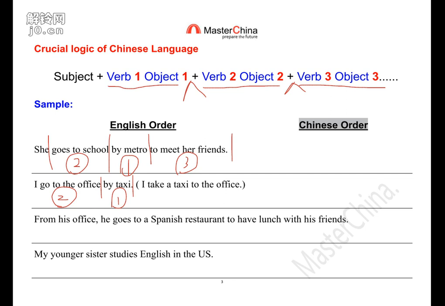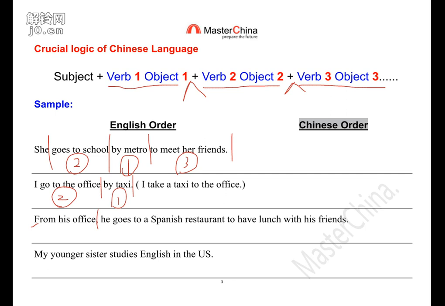Okay, let's check this long sentence, the third long sentence. Oh, this sentence is a little bit confusing if you don't understand this logic. So let's find out which action is first. So I will find out the actions first.